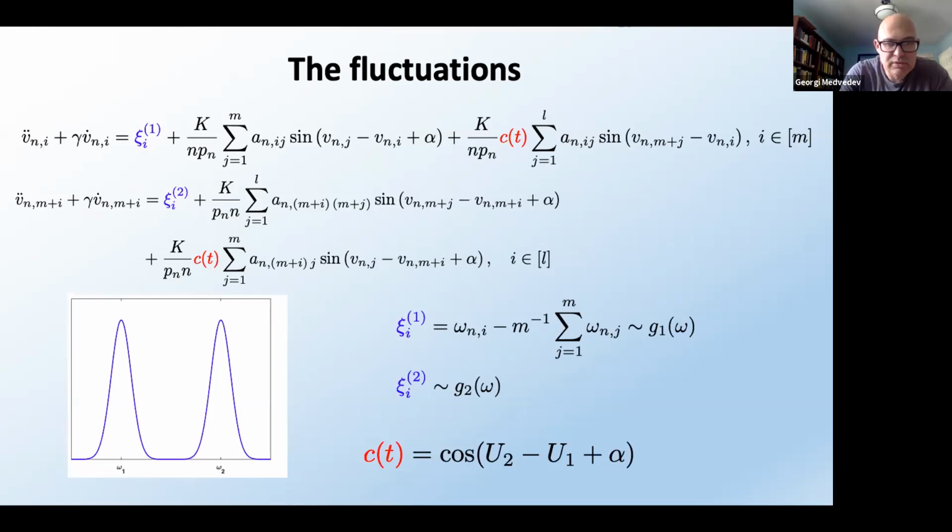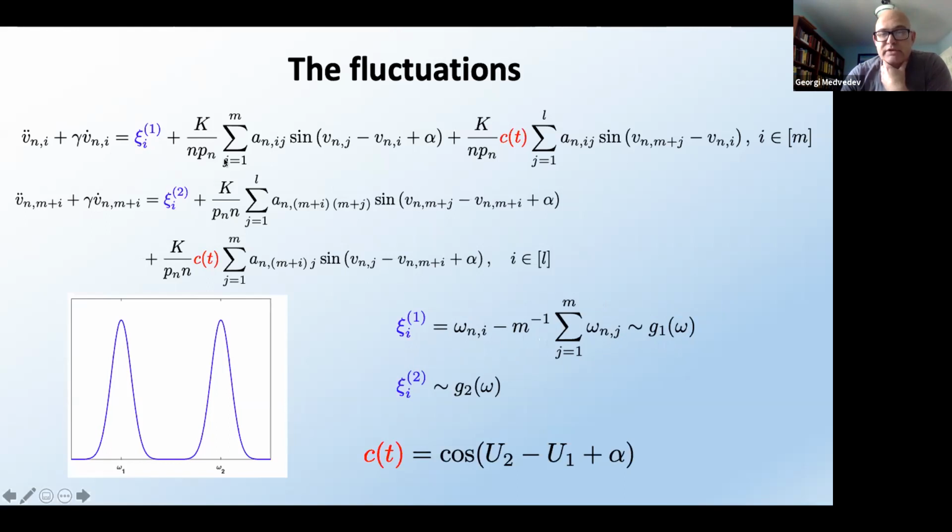Here, this quantity Ci is the deviation of the intrinsic frequency from the mean value of the frequencies in this cluster. It's distributed as G1, and G1 is a unimodal density, which we will assume to be a symmetric, even function.